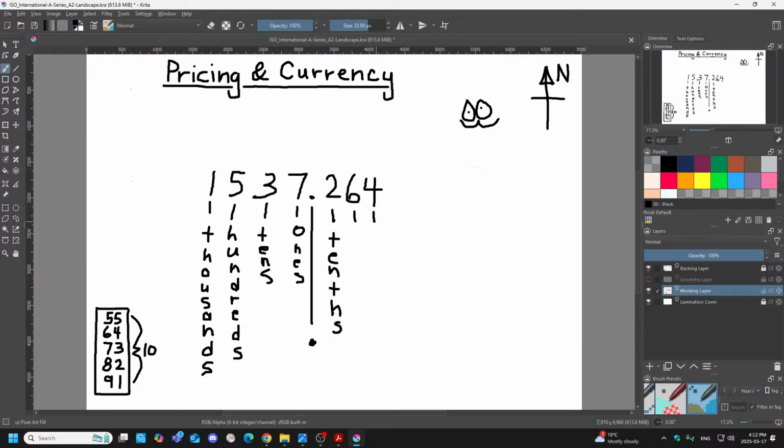Tenths, and then hundredths, and lastly thousandths. And of course it continues the same.